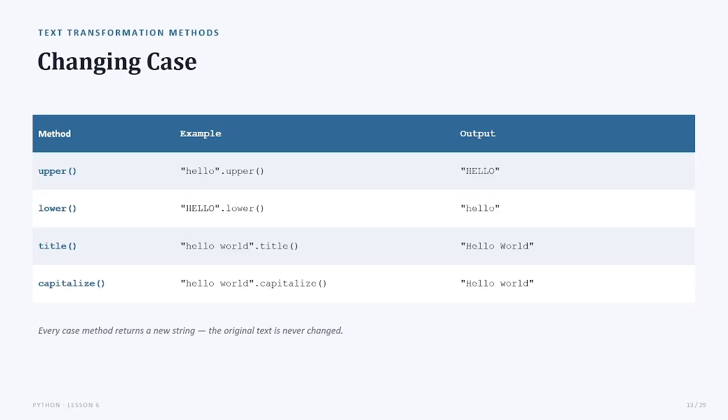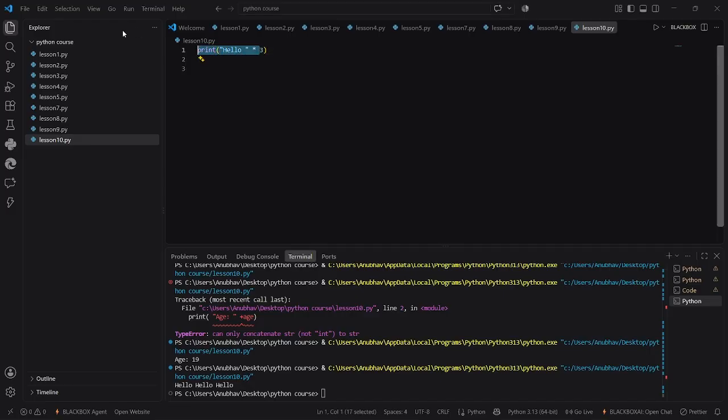Moving on to the next slide, changing the case. Now let's learn some very useful string methods. These methods allow us to change the capitalization of text. Suppose we have a string, and we want to convert this into uppercase, then we can use the upper function.